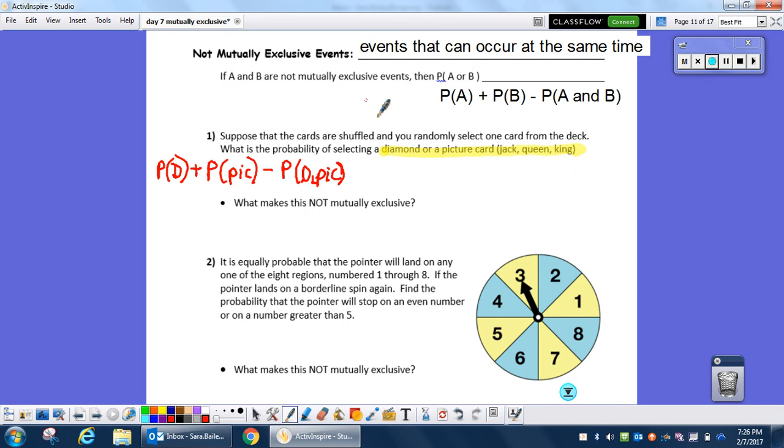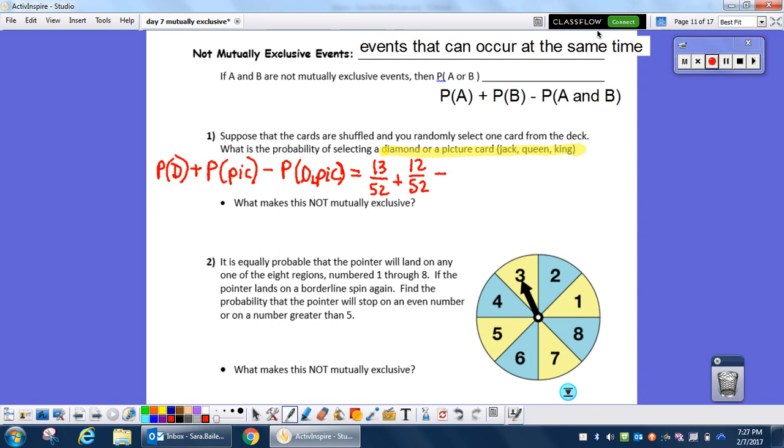Okay. So probability of being a diamond, there's 4 diamonds. No, just kidding, there's 13 diamonds in the deck. So 13 out of 52 plus there are 12 picture cards, also known as face cards, in the deck. And then you're going to take out the repeaters.